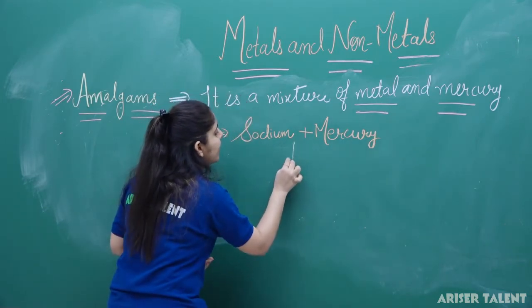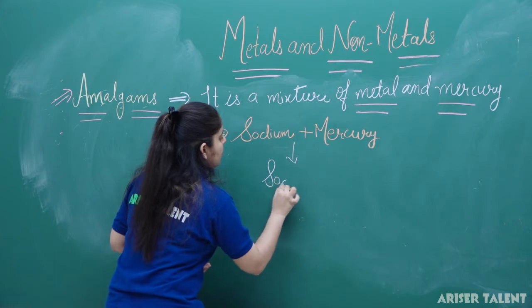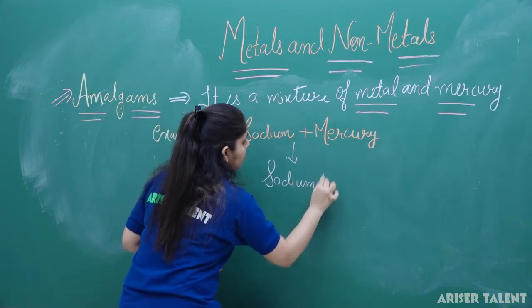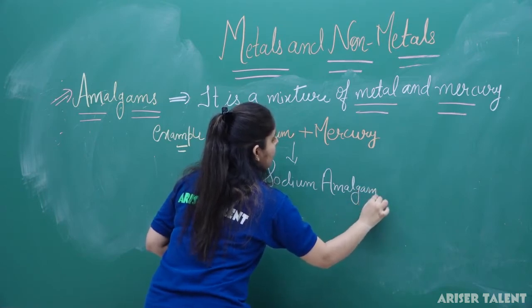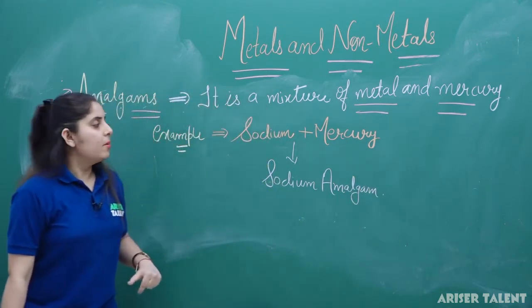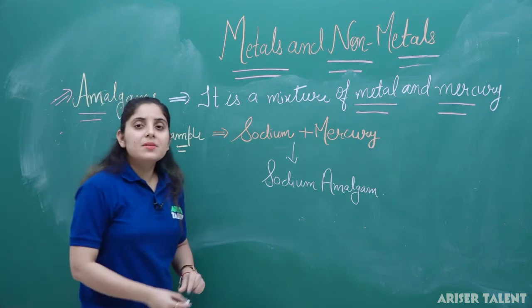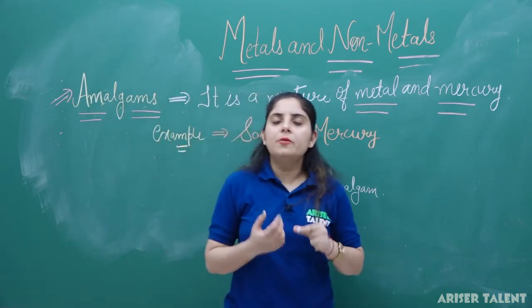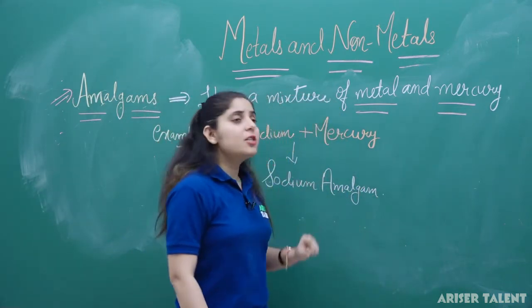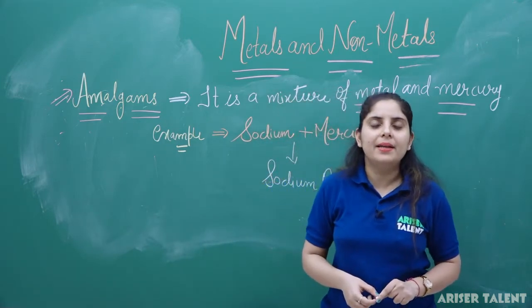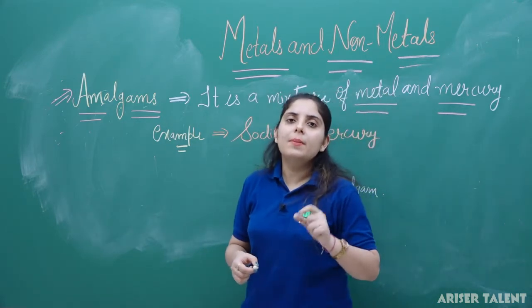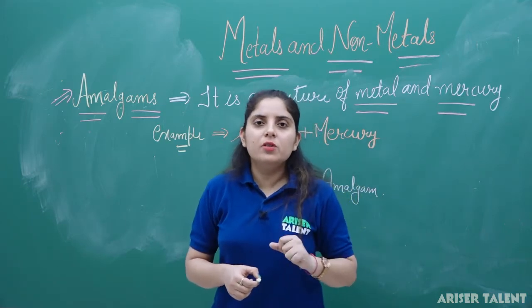So what are amalgams actually used in? Amalgams have different advantages. If I am considering the sodium amalgam, it will help in decreasing the reactivity of the metal, and sometimes sodium amalgam is also used as a reducing agent.